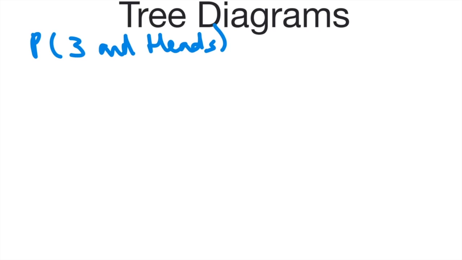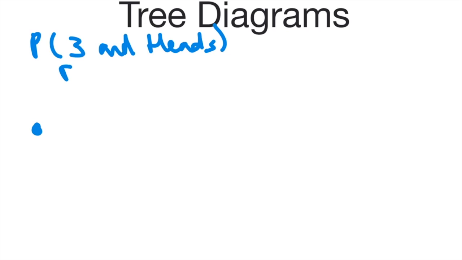Tree diagrams are a tool to help you make a list of all the outcomes. So let's say we want to roll a die and flip a coin, and we want to find the probability of getting a 3 and getting heads. When you draw your tree diagram, put a starting point and decide which one you are going to do first.